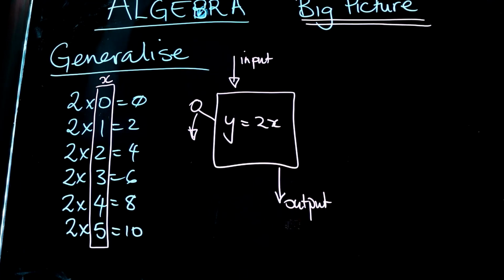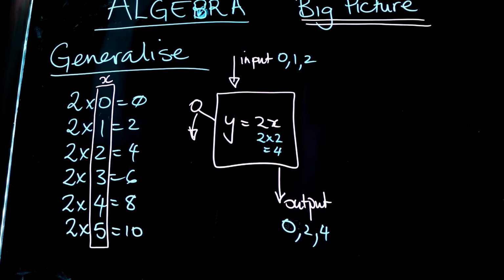If we put in a 0, what do we get out as our output? Well, 2 times 0 is 0. If we put in a 1, 2 times 1 is 2. Put in a 2, for example, and what do we get? Y equals 2 times 2, which is equal to 4. Inside our machine, every time we push the handle, put one number in, we get one number out.